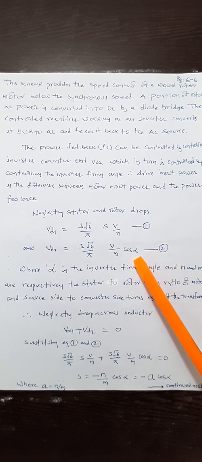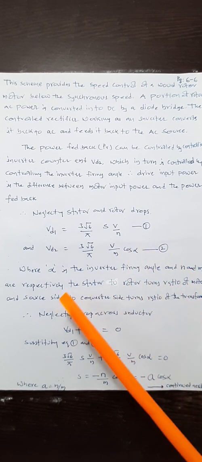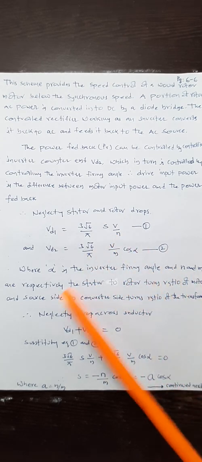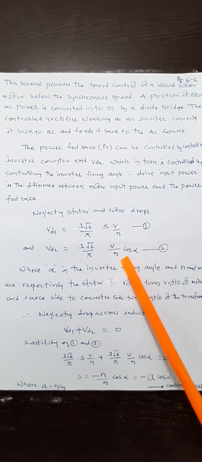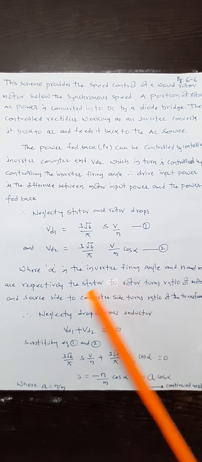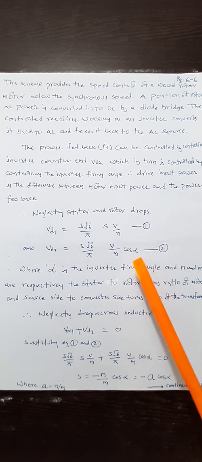It is a fully controlled converter, so the cos alpha term comes as usual. Here alpha is the inverter firing angle, and N and M are the stator to rotor turns ratio of the motor, and the source side to converter side turns ratio of the transformer respectively.